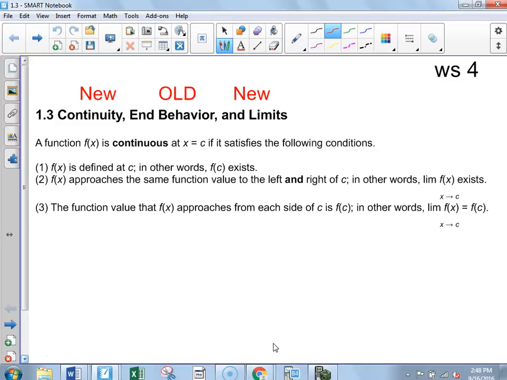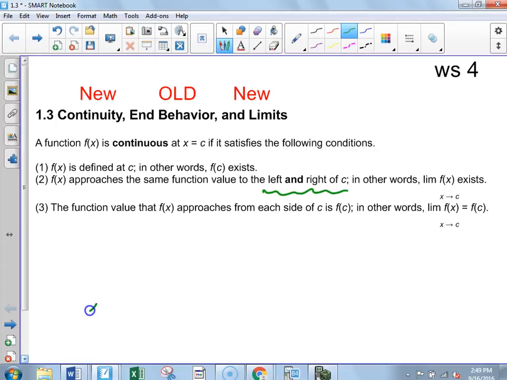The definition from our book says a function is continuous at a certain value if the function is defined at that value. In other words, if we're looking at x equals 2, if we can put a 2 in and it's defined, it is part of the domain, okay? And if the value of y approaches the same value from the left and right of that value we plugged in, like 2.